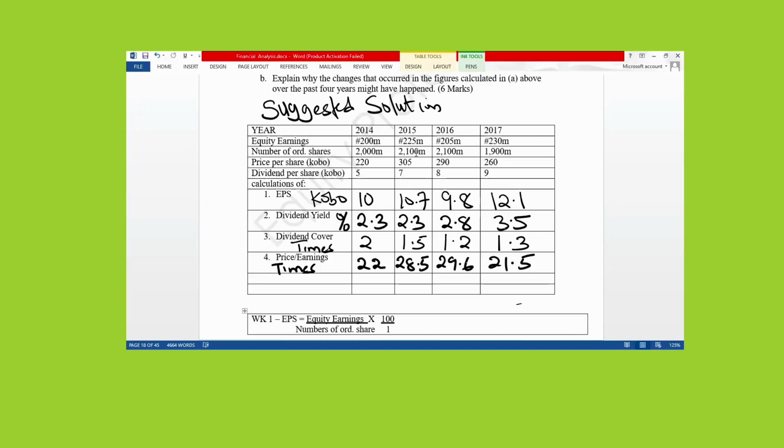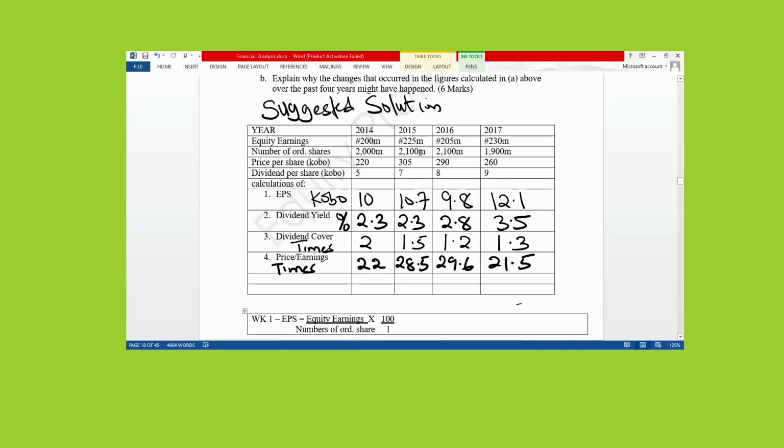In 2014, number of ordinary shares, 2,000 million. 2015, number of ordinary shares, 2,100 million.